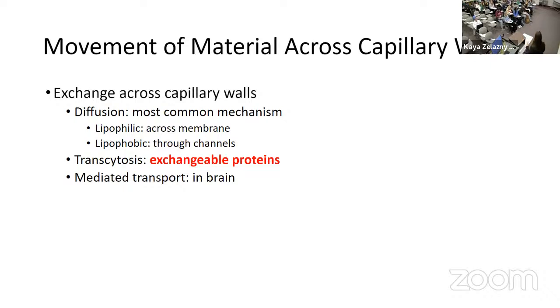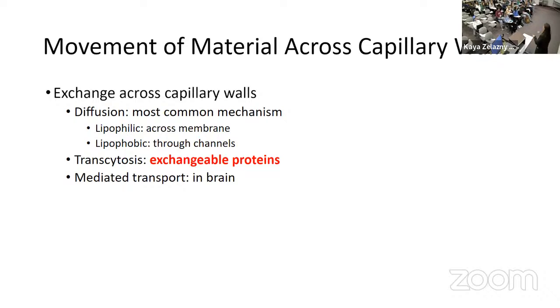When we talk about exchangeable proteins, proteins are larger. Thus far, we've been talking about moving things that are small, but proteins are big. Think of exchangeable proteins kind of like the class of our neurotransmitters, which was another big thing that we moved.